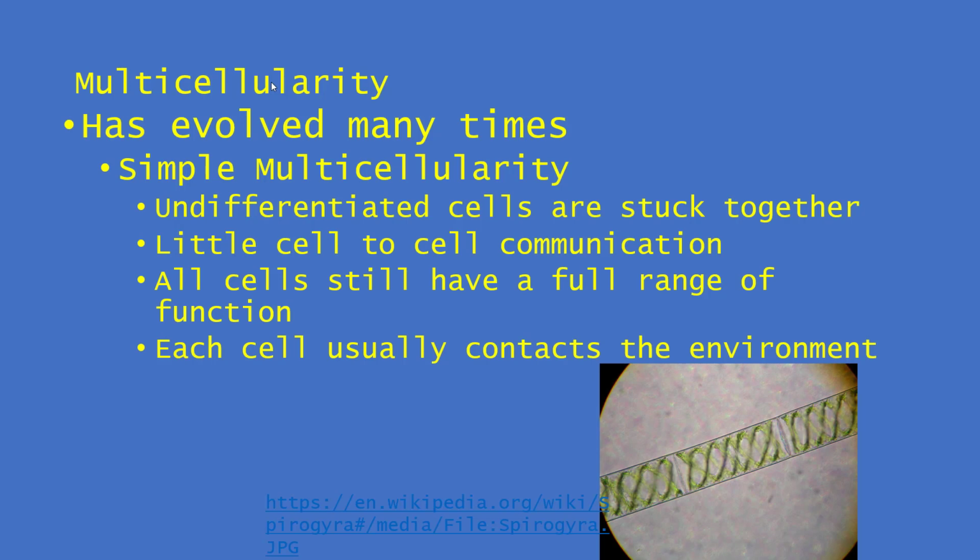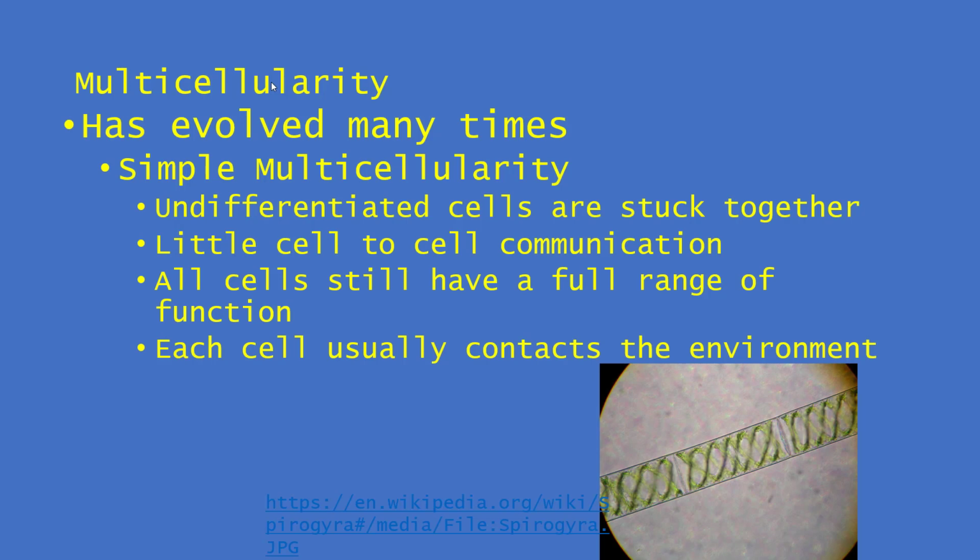First of all, we've seen it, and those of you who are lucky enough to have a lab saw it in pond water: simple multicellularity. This is when you have strands of algae, which is basically a bunch of undifferentiated cells, meaning cells that are identical to the cell next to them, but they're all stuck together and they're all part of the same organism. In this case, there's very little cell-to-cell communication.